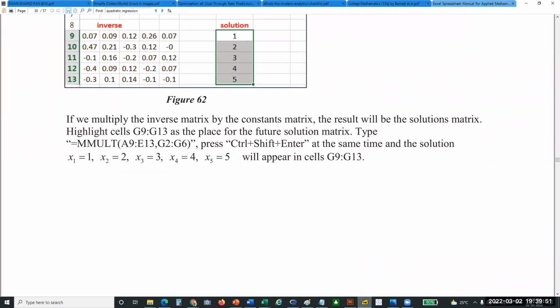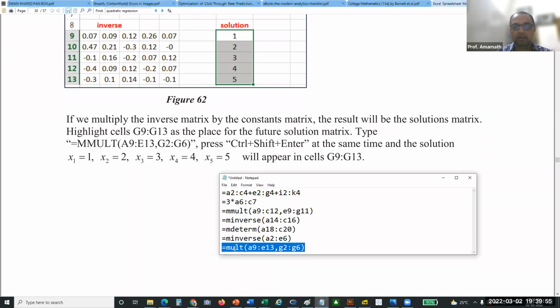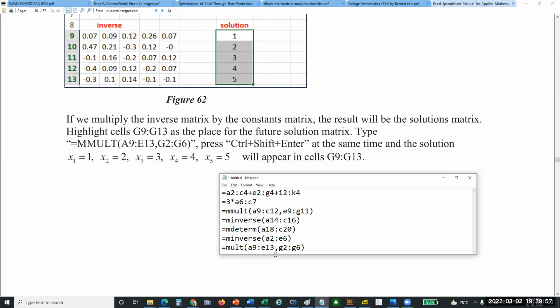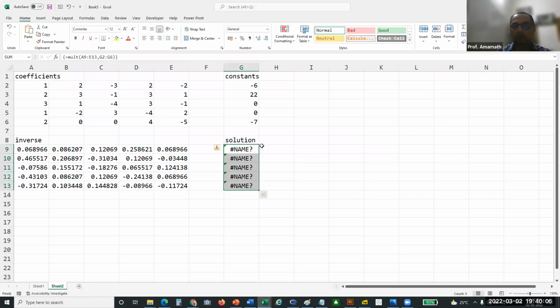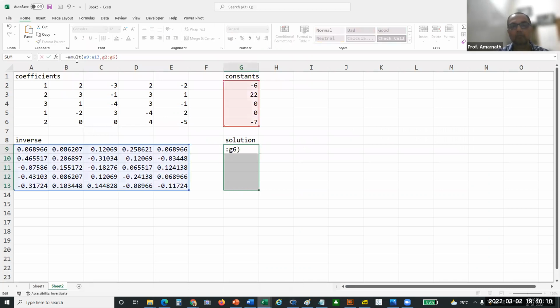M mult. M mult, right? Okay, right, perfectly. Control Shift and Enter.